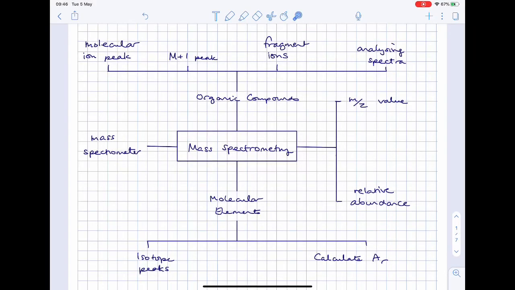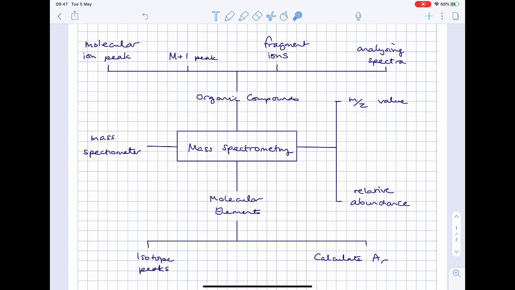So we covered in this video that a molecular ion peak is the peak in the mass spectrum which is formed by the molecule being ionized by high energy electrons at the start of the process in the mass spectrometer. The n+1 peak in the mass spectrum is caused by carbon-13 isotopes, which is one of the stable isotopes of carbon.